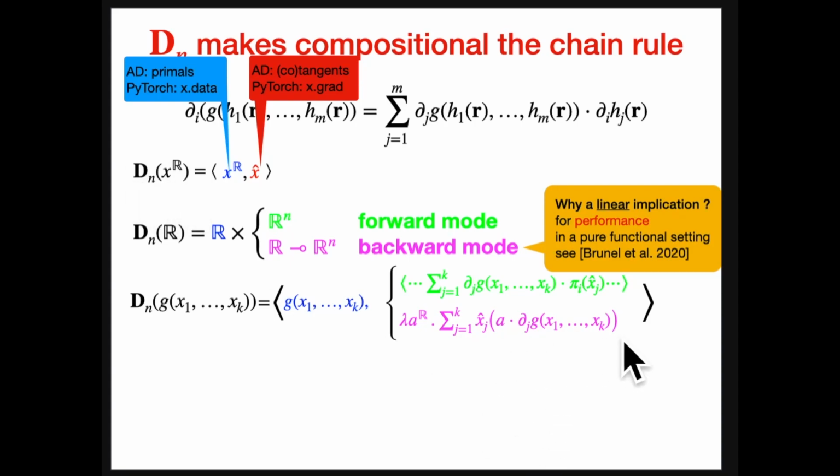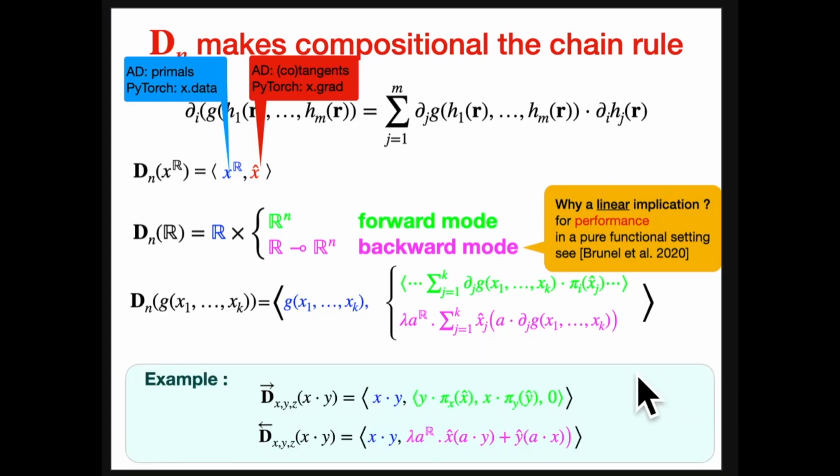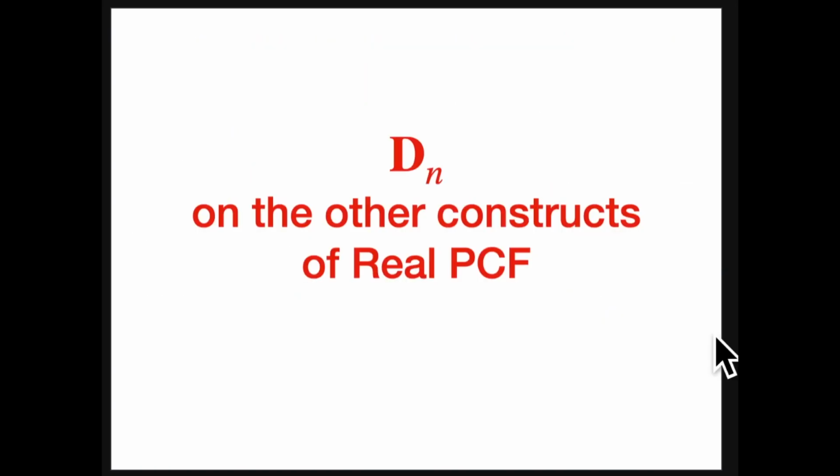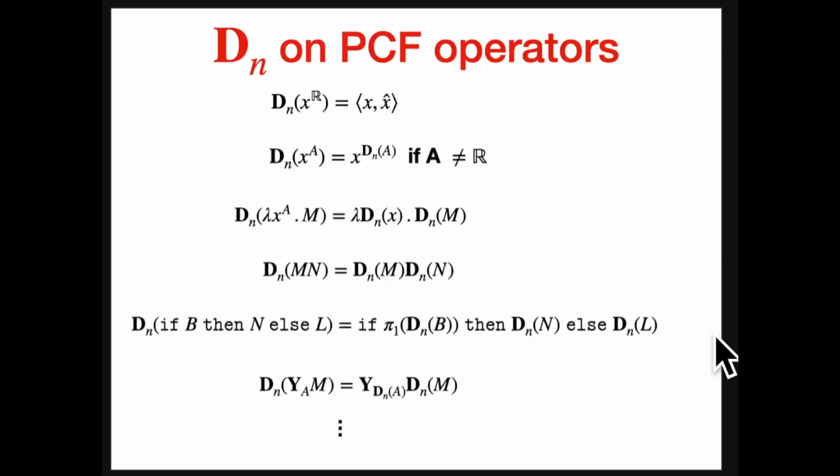In the backward mode, this same computation becomes a continuation, and the cotangents are now functions and not just tuples. Here is an example of this definition over multiplication in the case of the forward and the backward mode of AD.